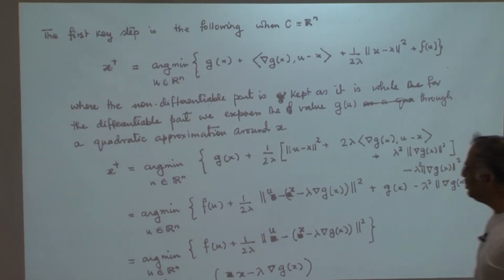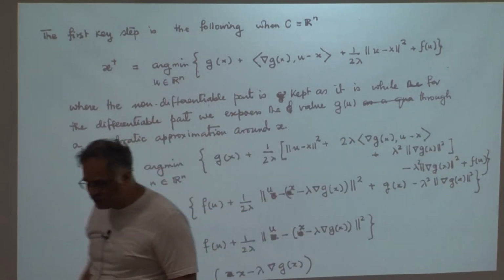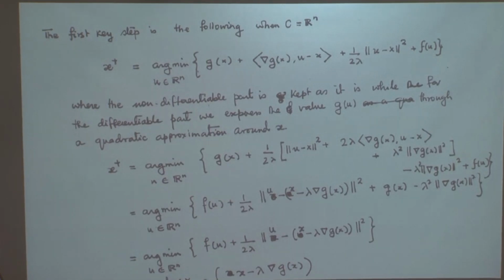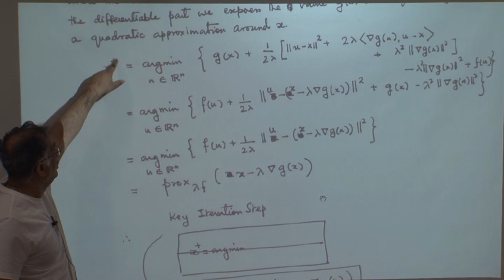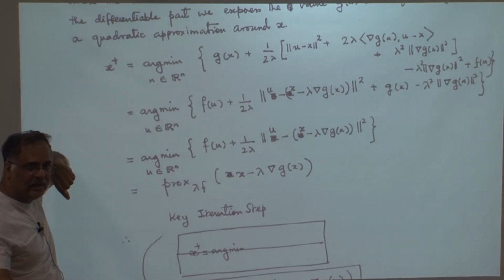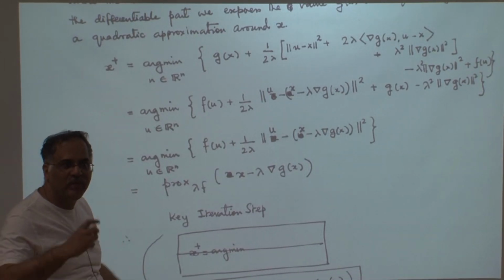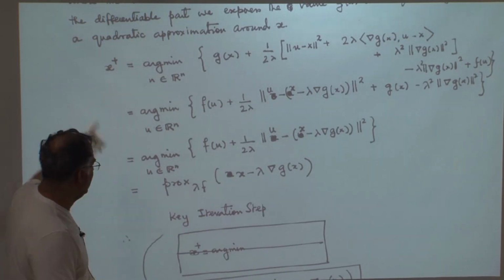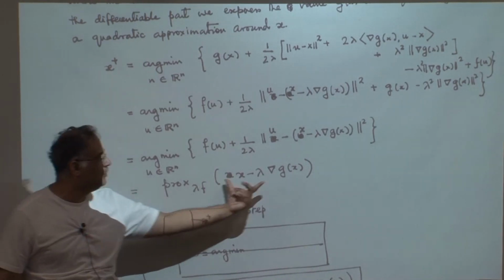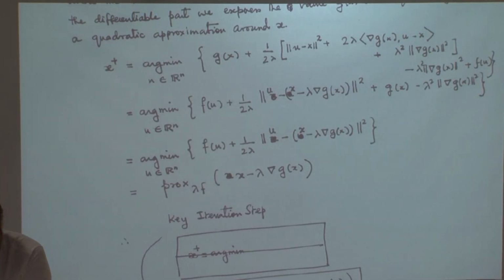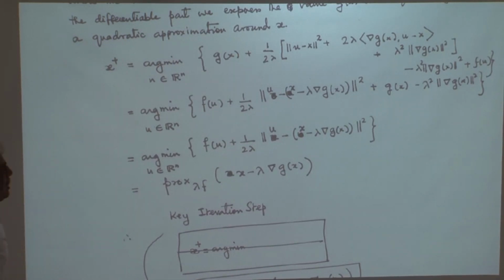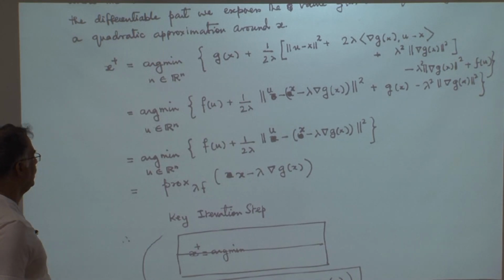So, if you do these calculations, I am not going into the details of the calculation, x plus would finally come out to be the next iterate. x is the current iterate, xk possibly, and x plus is xk plus 1. It is exactly the proximal mapping of x minus lambda grad g x. See, we have done some interesting things.